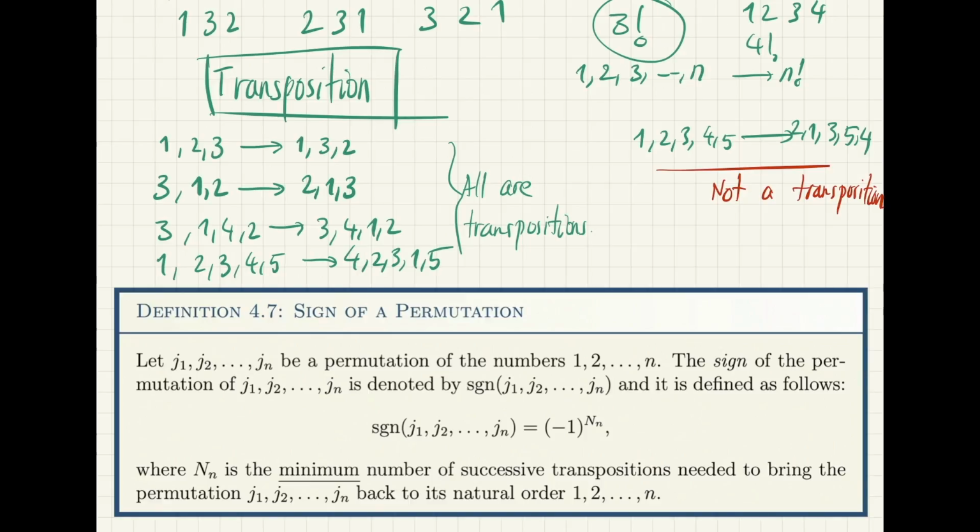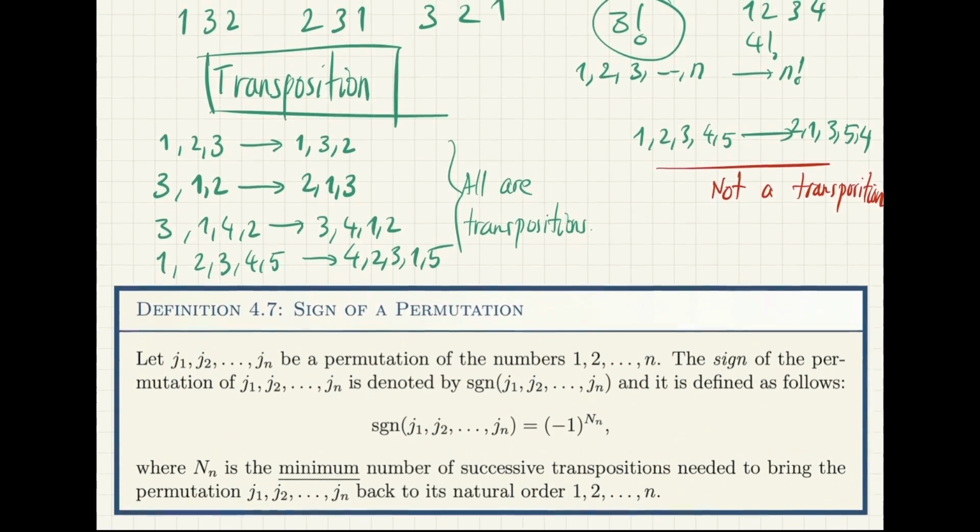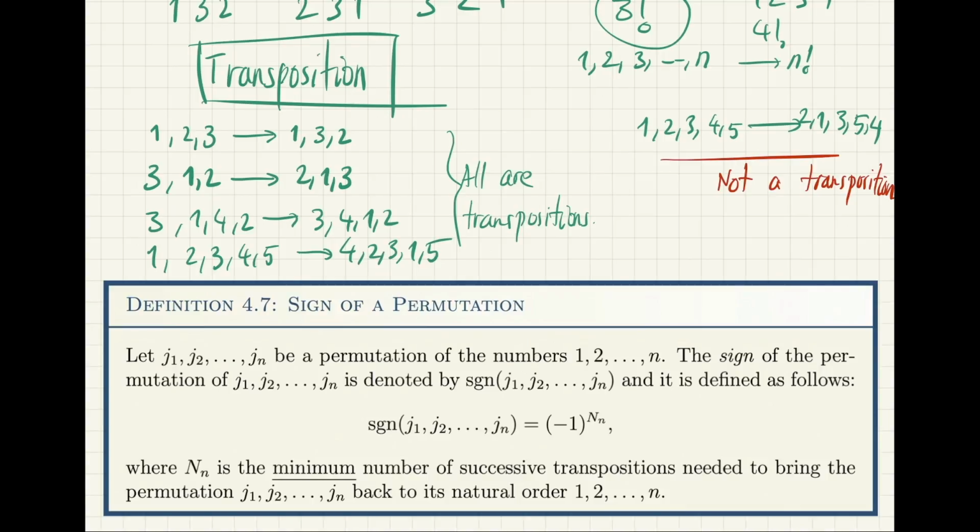Okay? So don't let the mathematical symbols distract you. You will see in the next example that the idea is extremely simple. Before going to the example, please let me mention something here. That's a definition.